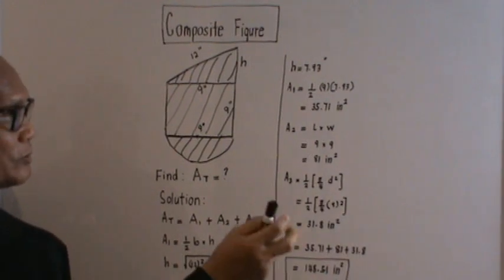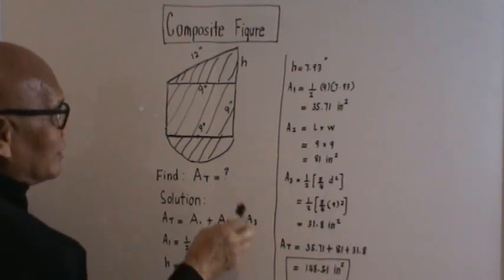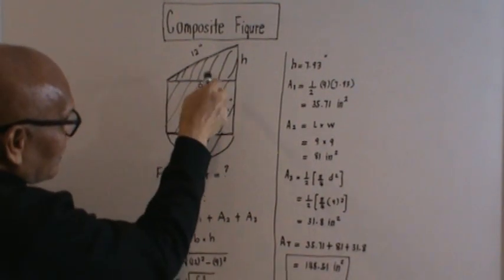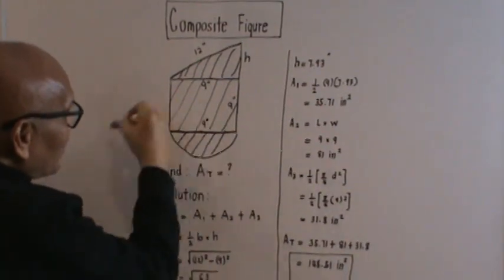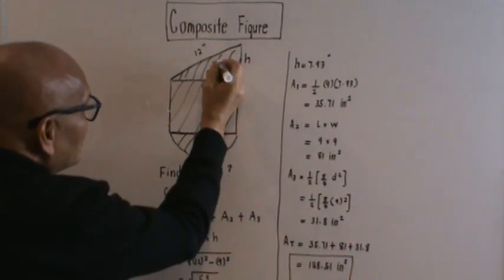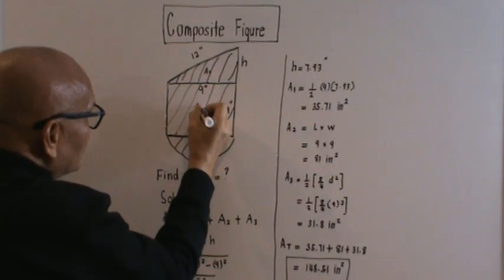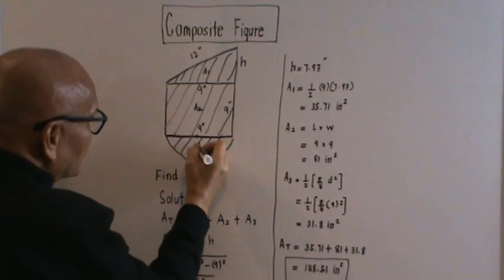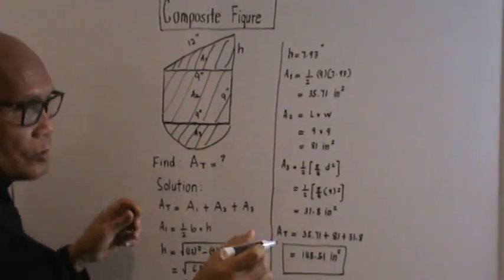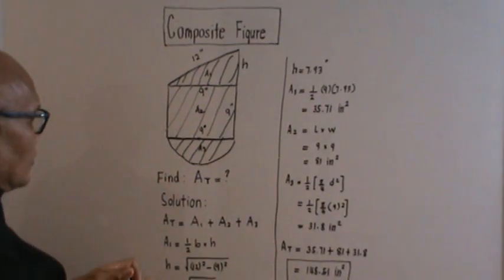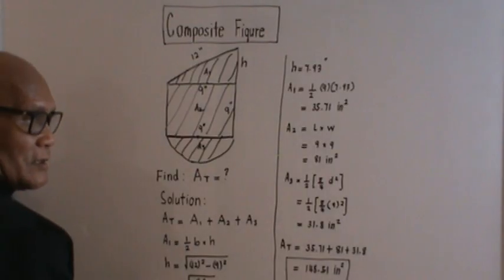So if we try to bring out the solution for this one, the total area is represented by the dotted lines: area number 1, area number 2, and area number 3. The solution is something like this.